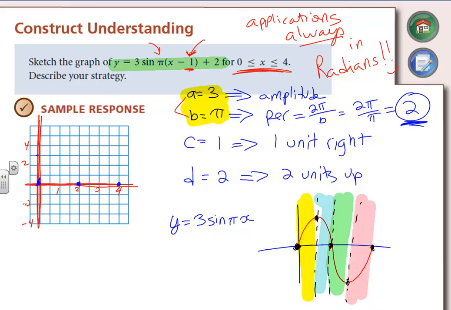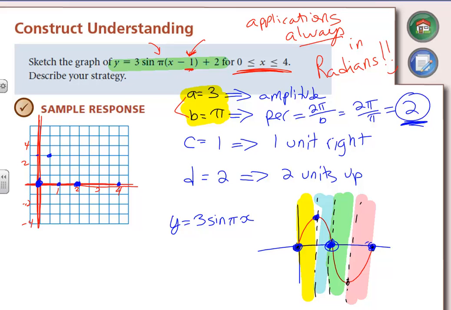Because I haven't done any translations up, down, right, left, no phase shifts, and no displacements, I know that within 1 of those cycles, from 1 to 2 there, halfway in between, it's going to be back at the midline. This spot right here. Halfway in between there, I'll be at my maximum. And the maximum was 3.